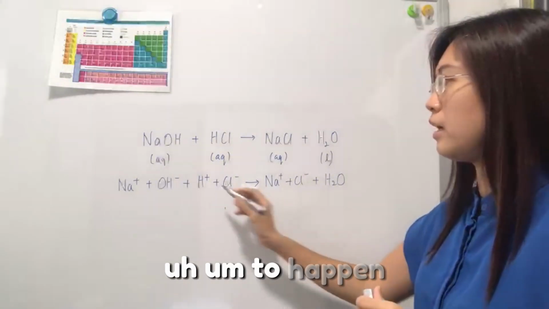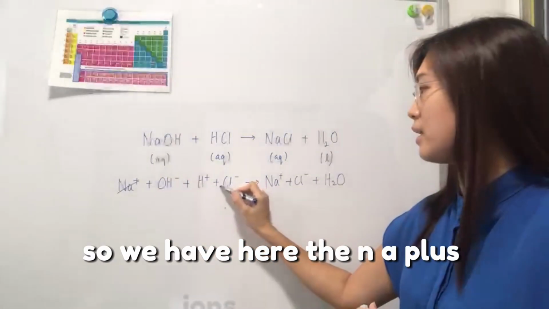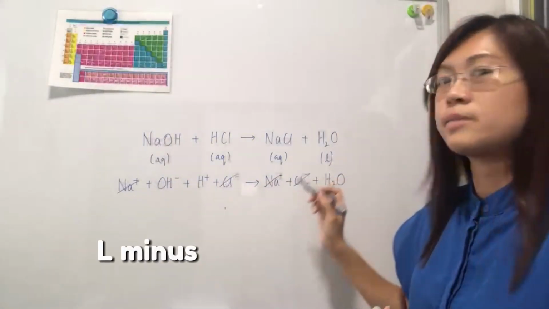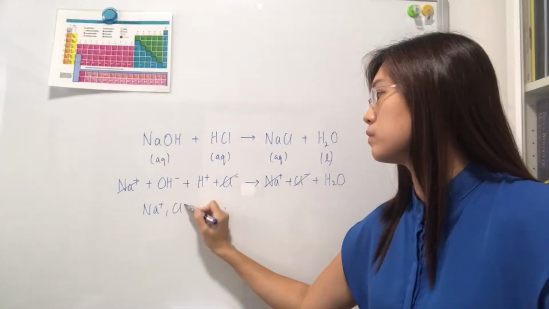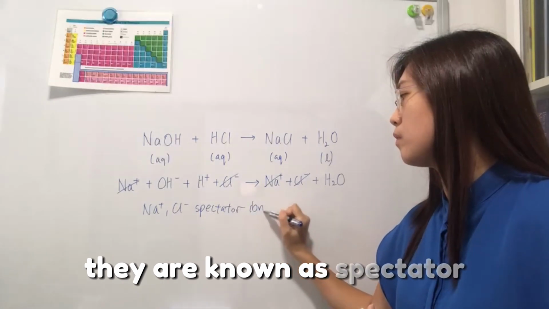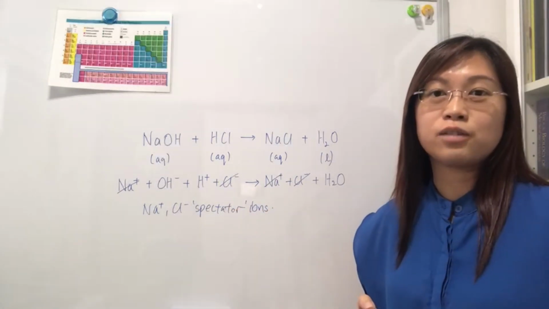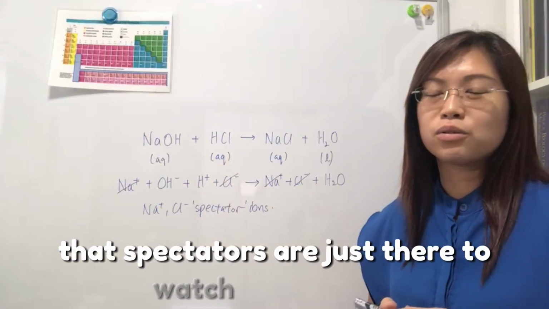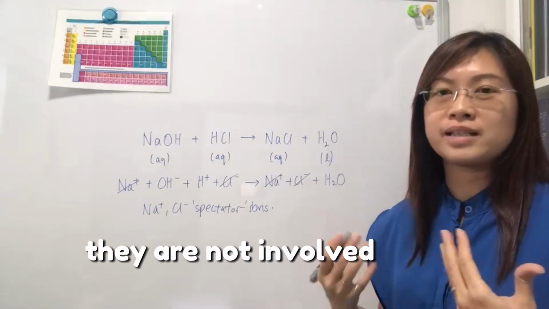So we have here the Na+ ions and the Cl- ions, which are the spectator ions. As we know, spectators are just there to watch the matches, so they are not involved in the chemical reactions. That's why we call them spectator ions.